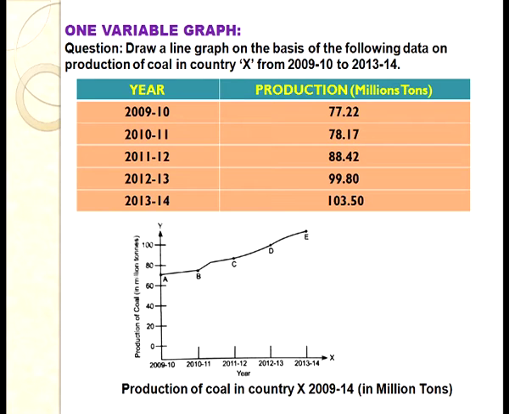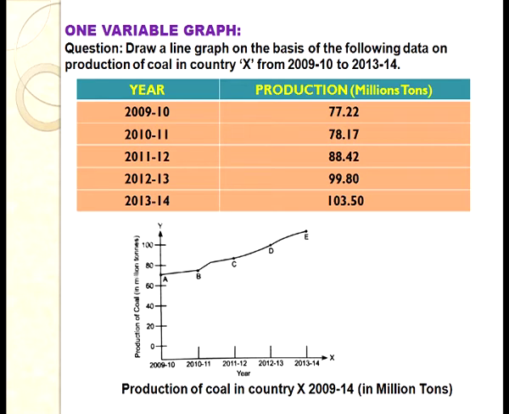Now, start plotting it. For the year 2009 to 10, the data is 77.22. The first point, as you can see, we have plotted for the year is A. Then for 2010 to 11, we have got the data 78.17. For this year, we have just plotted point B. Then for 2011 to 12, the data is 88.42.